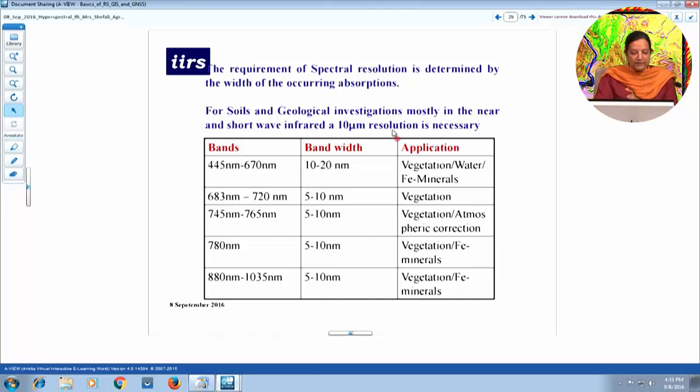So an optimum of 10 nanometers would be appropriate for all kinds of vegetation, soil and geological investigations.